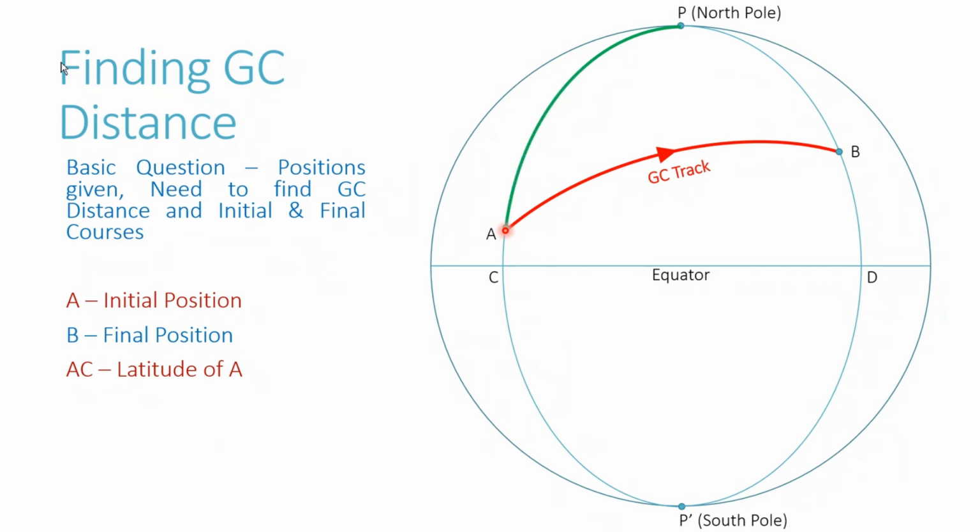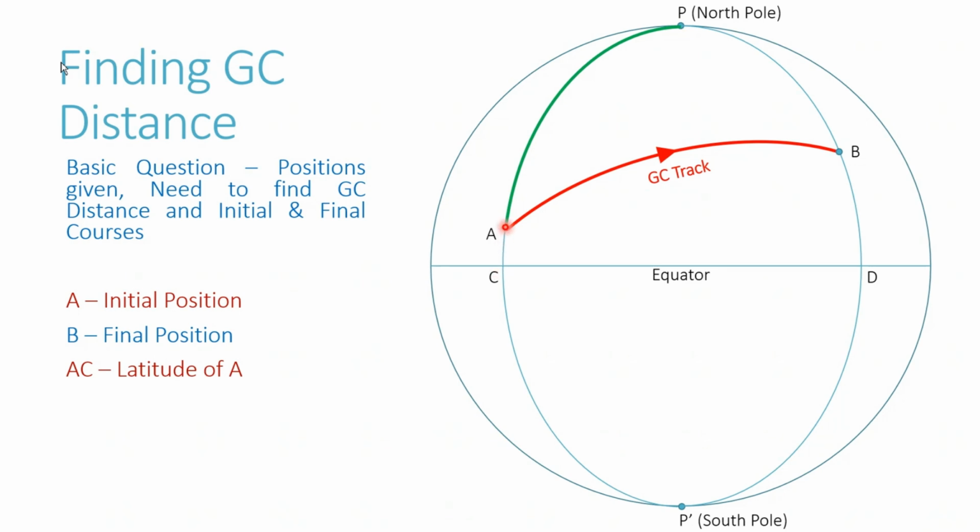Now we also know that if you measure the distance from the pole up to the equator along any of the meridians, it comes out to be 90 degrees. So pole to point C, which is on the equator, will be a total of 90 degrees. So this arc, Papa to Charlie, is going to be 90 degrees.